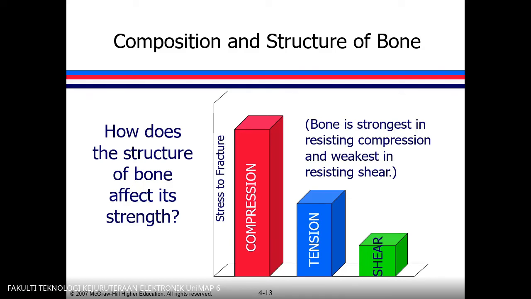It is good at resisting compression, and then we go to tension, and the last one is shear. What is shear? Ingat lagi tak? Do you still remember? I've told you a few weeks ago: shear force, shearing force. We have tensile force, compressive force, and shear force. So bone is weakest in shear. Apa itu shear? Ingat lagi ke? Ke dah lupa?